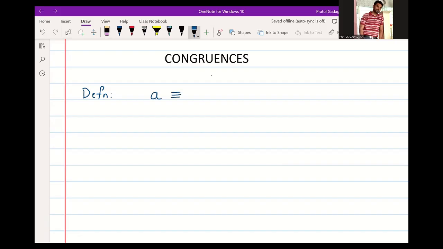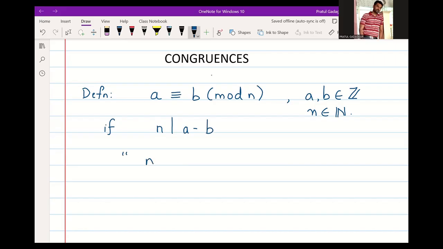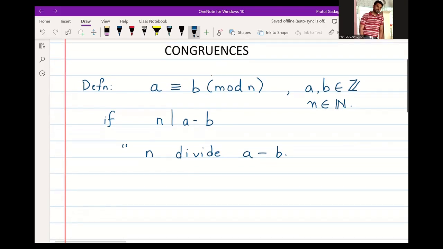We will say that A is congruent to B modulo n, where A, B are integers and n is a natural number, if the number n divides A minus B. In this case, we say that A is congruent to B modulo n.